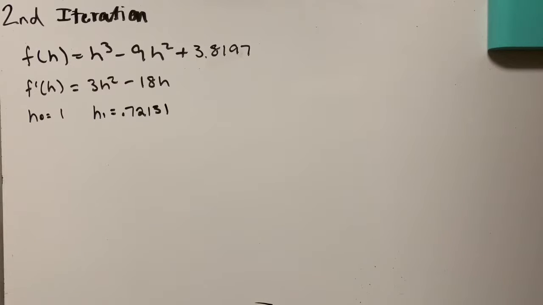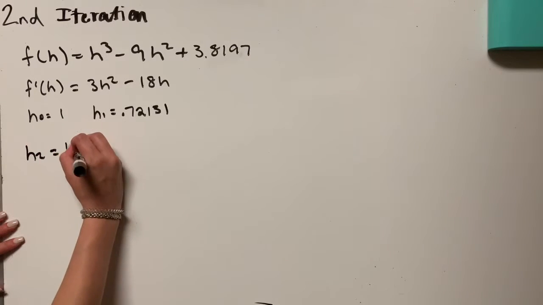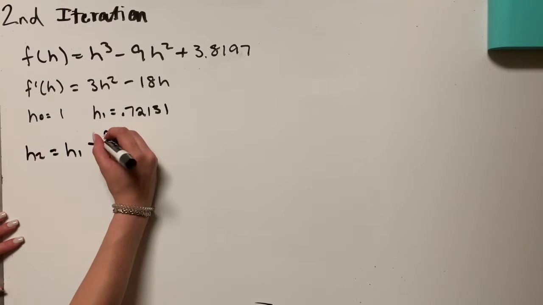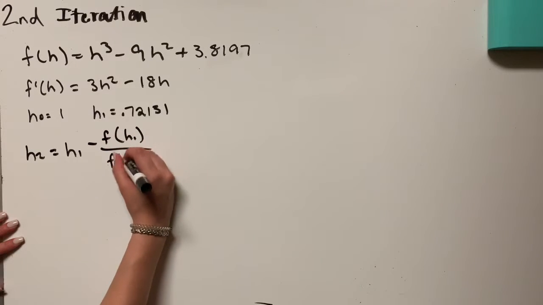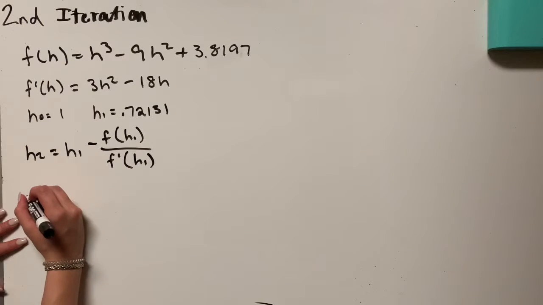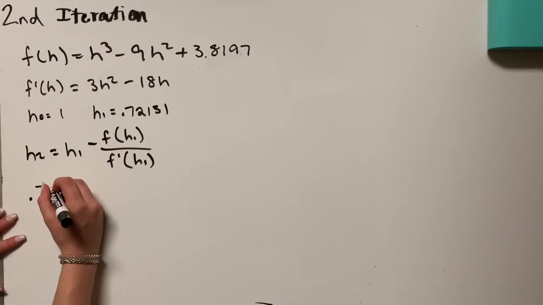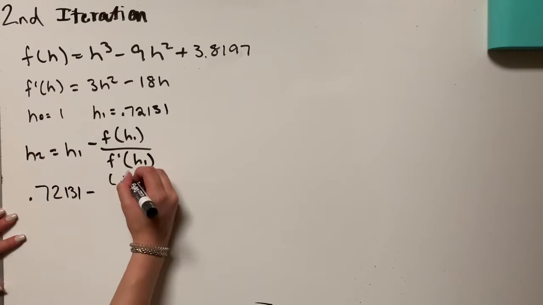To begin our second iteration, we already have our equations that we need. We have our height equation and our prime. We also have our initial value as well as our first iteration value. From there, we can write in what Newton's method's formula is going to look like for our second iteration. It's going to be h2 equals h1 minus f of h1 over f prime of h1. From there, we can plug in our values into the equations and plug those into the formula.